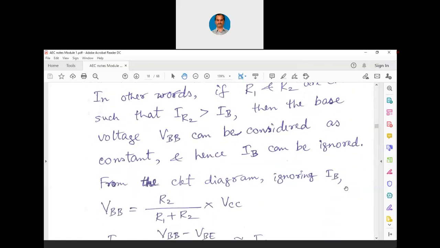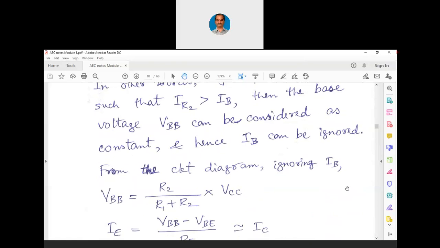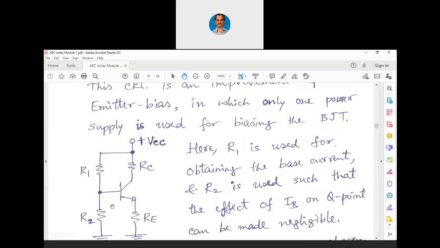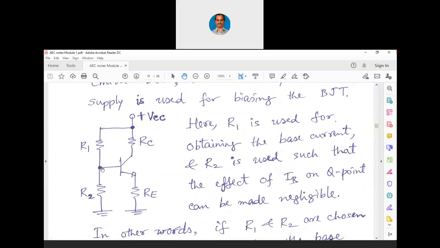Now, how would we do analysis here? From the circuit diagram, ignoring IB, we can simply write VBB equals R2 divided by R1 plus R2 into VCC. Because this is nothing but a voltage divider bias. IR2 is the current flowing, and IR2 into R2 is the voltage across this R2.